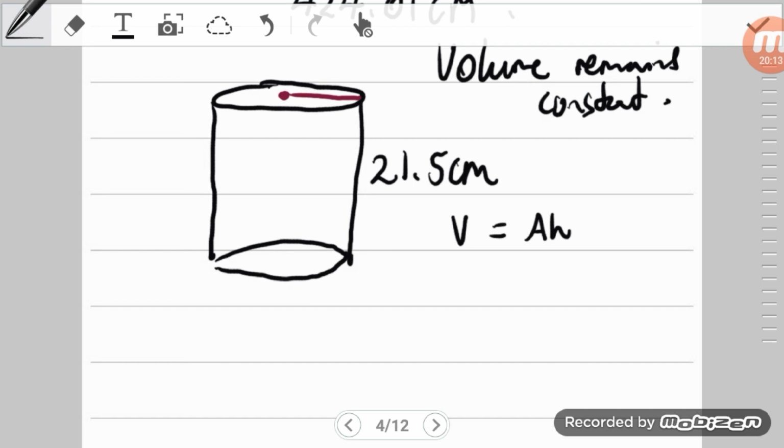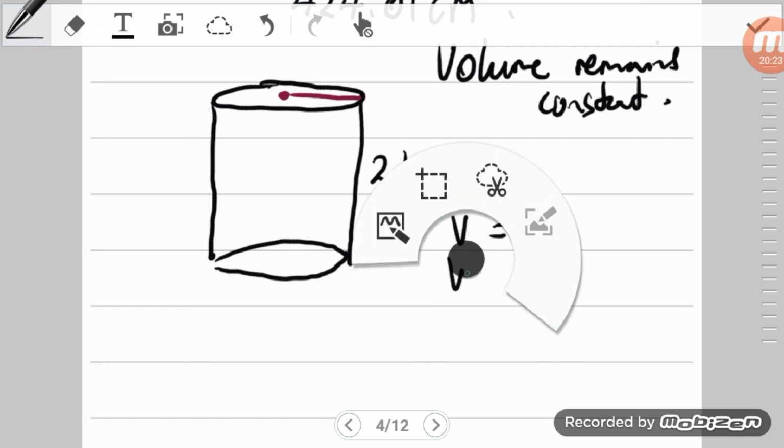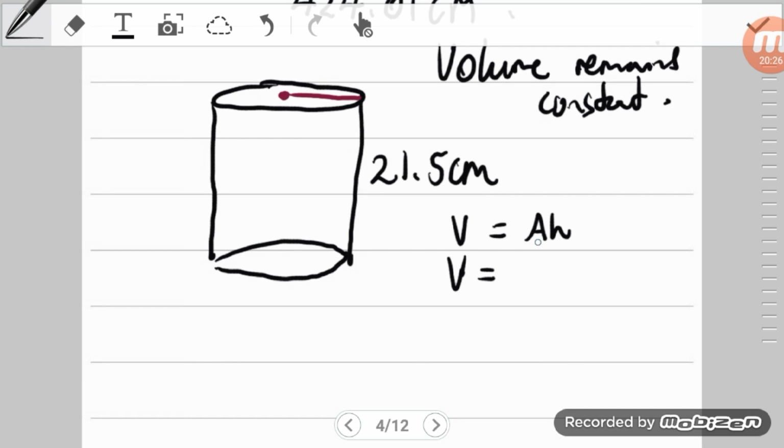Now, the actual area of the face here is a circle. So V is going to be equal to the area of the base, or the area of the cross-section, which in this case now is a circle. So that now becomes pi r squared, and then we're going to multiply the result again by the height. So our formula has changed simply because our wedge has been reformed into something else.